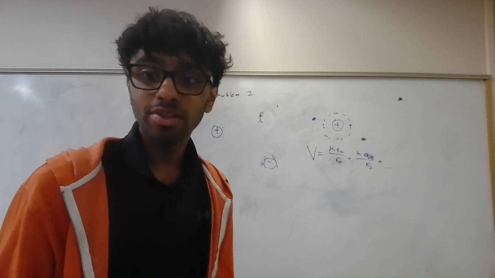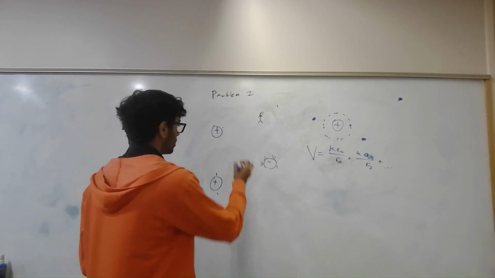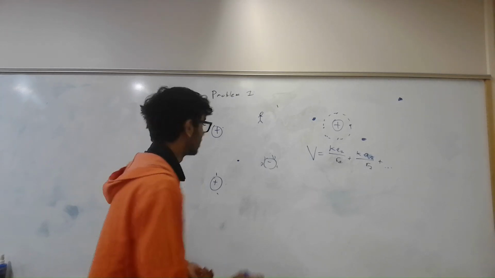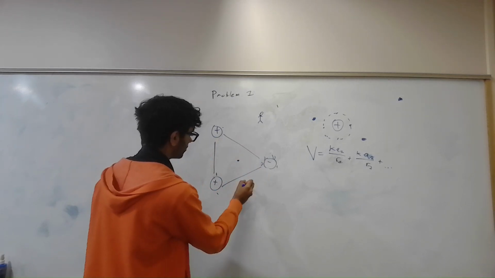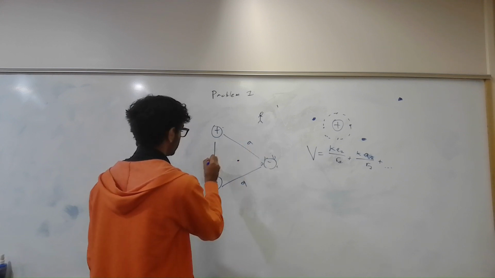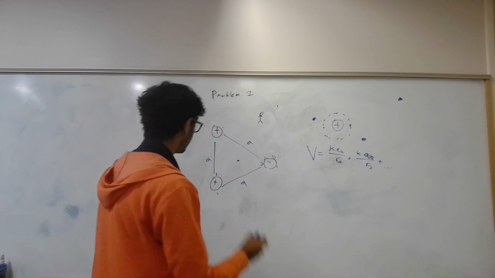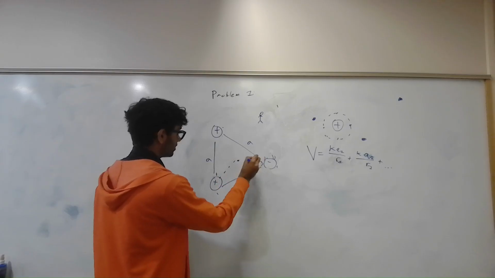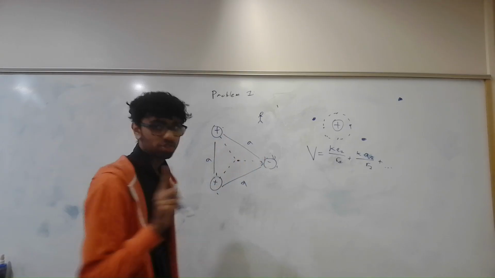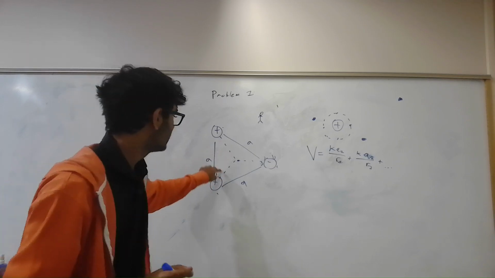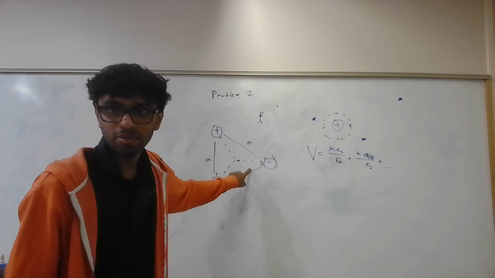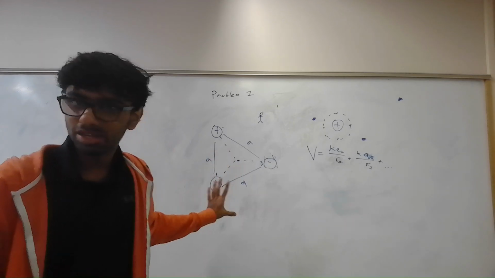So if we were to calculate that for this configuration, we're in that right there, and we have a triangle. Now you need to know some trigonometry for this, but this distance A, this distance A, this distance A. We're interested in what this distance is right here. First of all, by symmetry, this is an equilateral triangle, so these 3 distances should all be the same because it's a completely symmetric system.